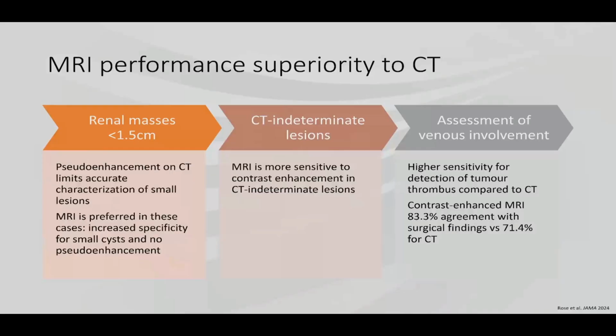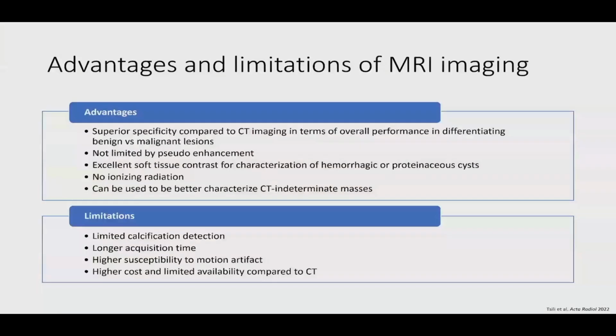And so for assessment of venous involvement, it has not only demonstrated higher sensitivity for the detection of tumor thrombus, but also a higher agreement with surgical findings regarding the tumor thrombus level. In terms of overall performance detecting benign versus malignant lesions, MRI has a higher specificity than CT imaging.